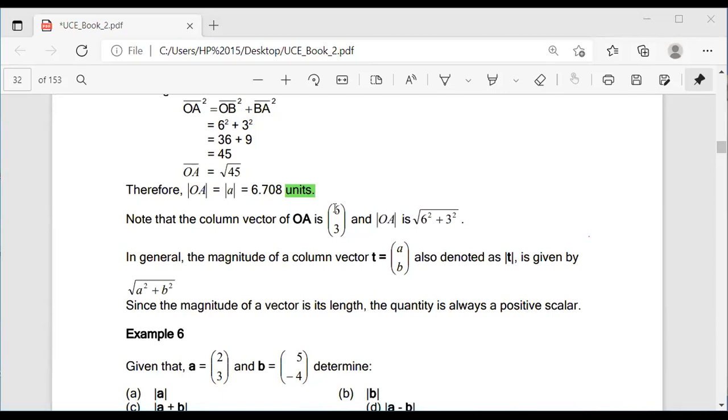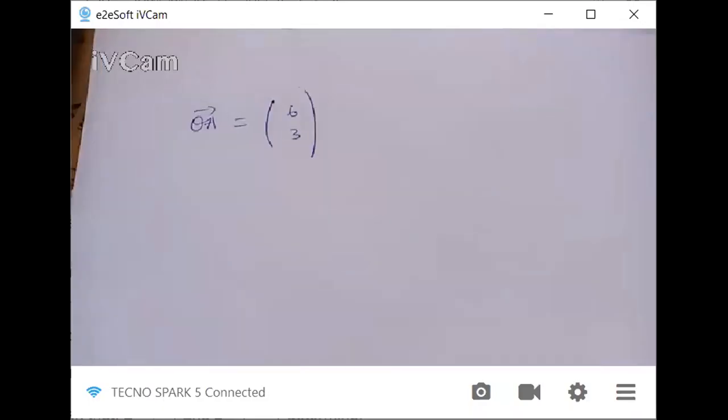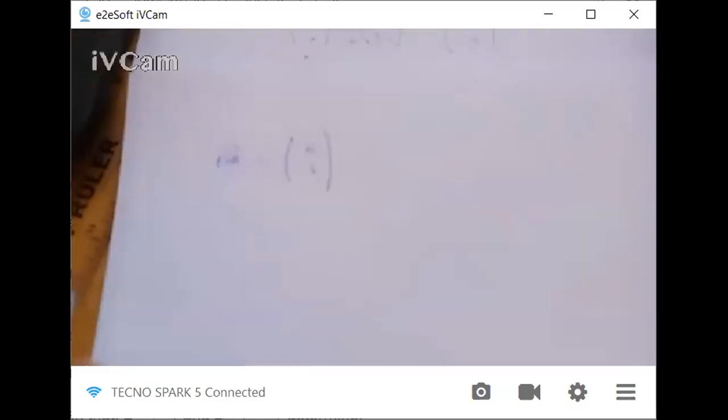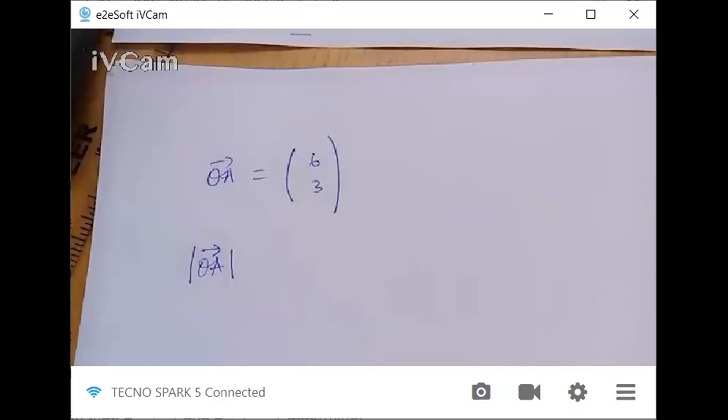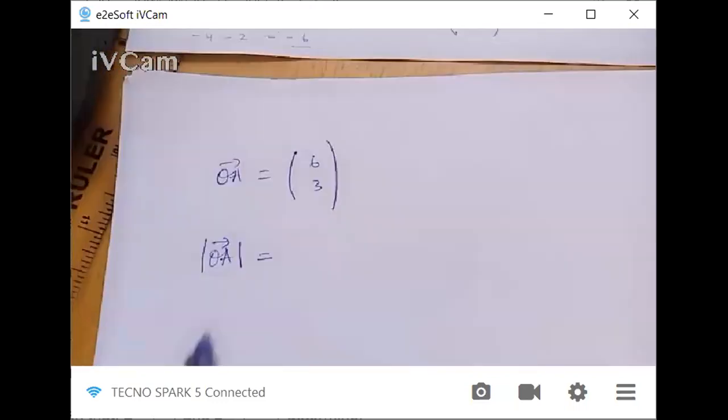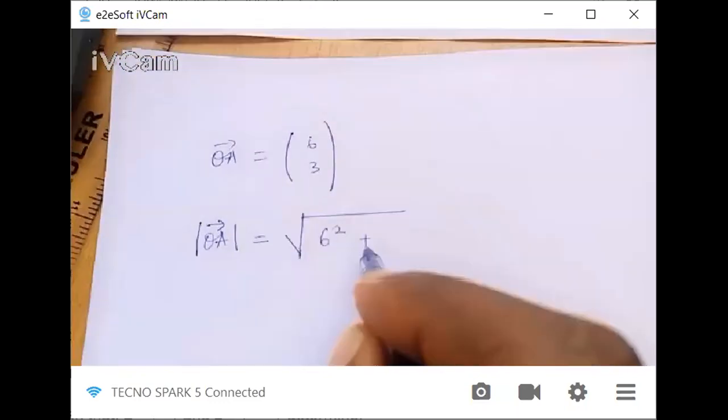We square this and this, because we know the 6 is for X and the 3 is for Y. So if OA is given by (6, 3), because OA is a vector, to get the modulus or the magnitude of OA, it is given by the square root of 6 squared plus 3 squared.